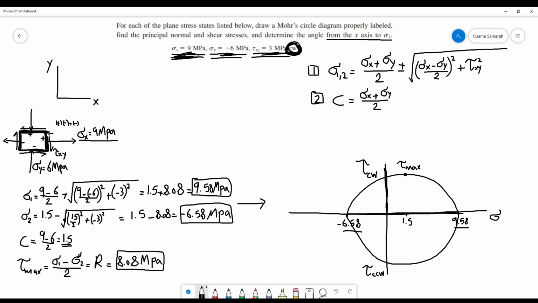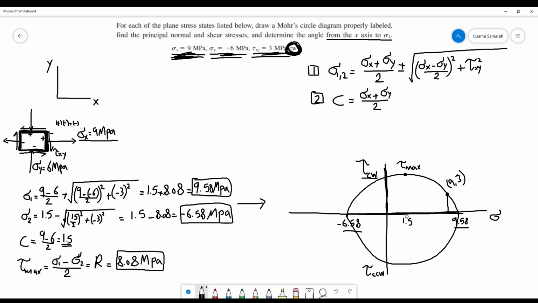So since the x face has a clockwise shear stress, you're going to go up clockwise. So 9 for sigma, 3 for tau. So this is the x face on Mohr's circle. 9 for sigma, 3 for tau clockwise.